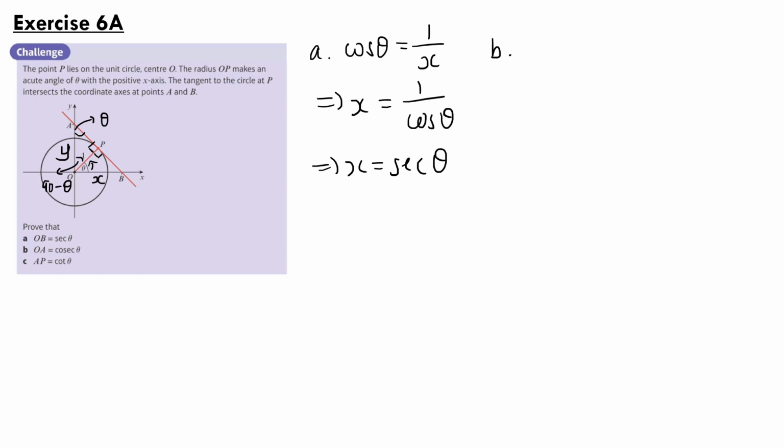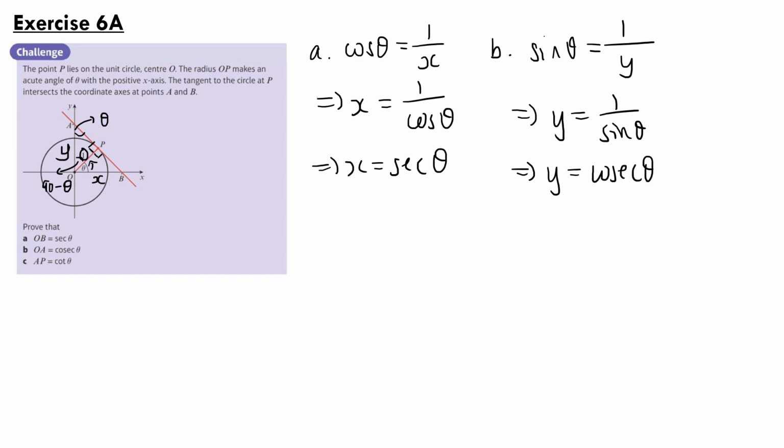And here we can use sine. So we have sine theta equals the opposite side, which is the 1 here, over the hypotenuse, which is y. If we rearrange, y equals 1 over sine theta, so y equals cosec theta.